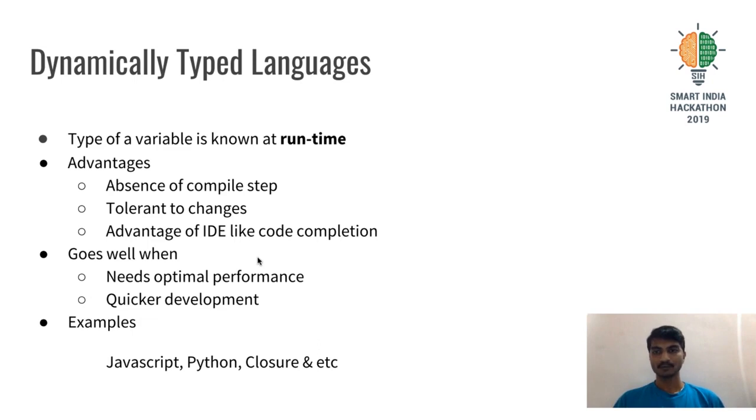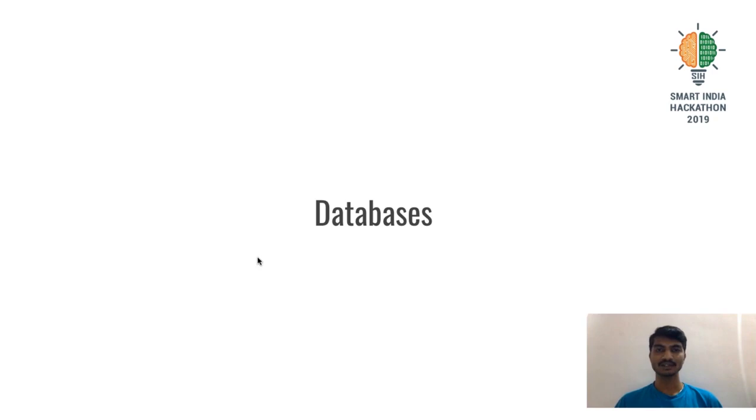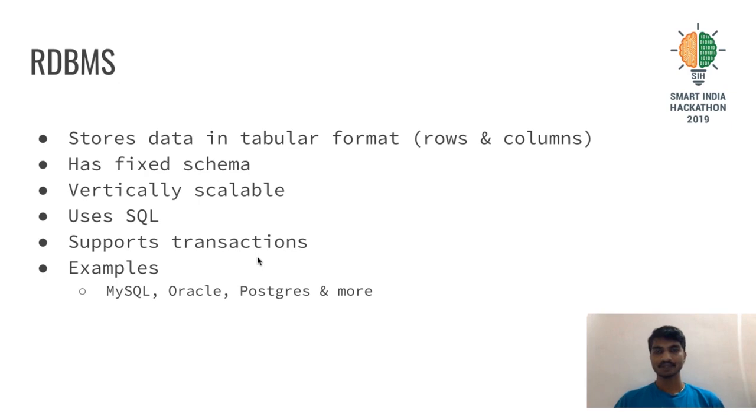Cool. Now we have seen the different kinds of languages, what the advantages of them are, and when to choose them. Now we are going to another important part of our system, which is databases. This is where we are going to store all our data. So what are the different kinds of databases available nowadays?